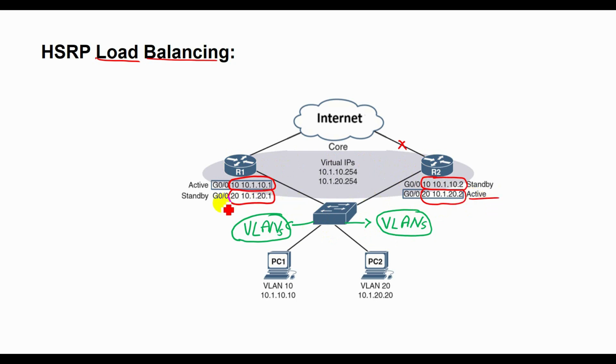For example, in this diagram, router 1 is the active router for VLAN 10 and router 2 is the active router for VLAN 20. Both routers are configured with subinterfaces for inter-VLAN routing and the two virtual IP addresses so that each can assume the role of active router if the other router fails.